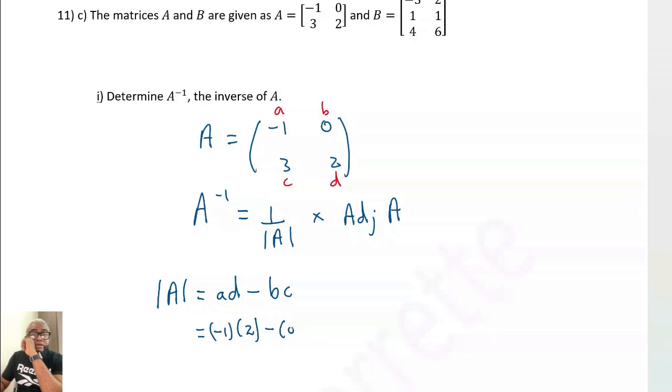When I put brackets, guys, brackets mean multiplication. And then C is what? 3. See how easy? So -1 multiplied by 2 minus 0 by 3. What's the answer? You can work it on a calculator. -2. Somebody second that -2.